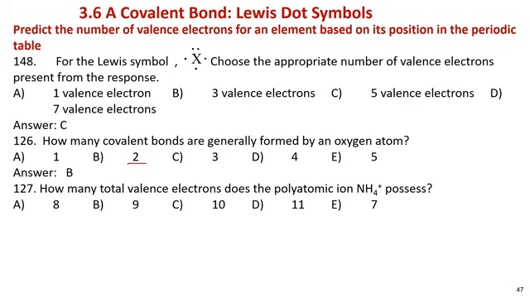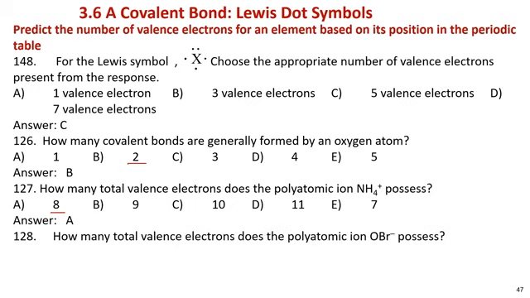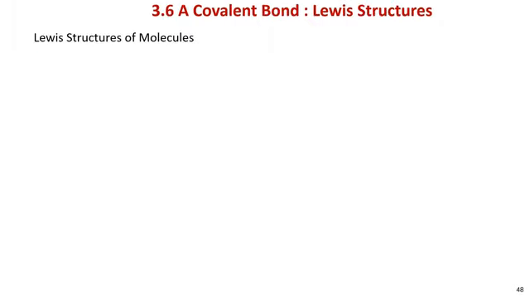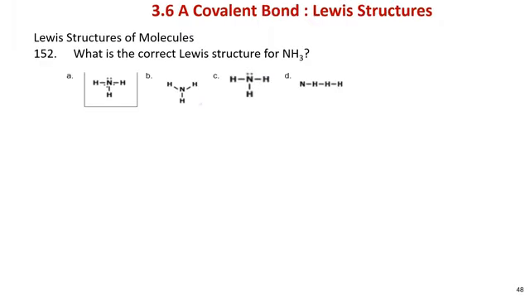How many total valence electrons are in NH4+? Nitrogen has 5, hydrogen has 4, 5 plus 4 is 9. If there's a positive charge, that means 1 electron is lost. Therefore, 8 electrons. Answer is 8 electrons. What is the correct Lewis structure of ammonia?